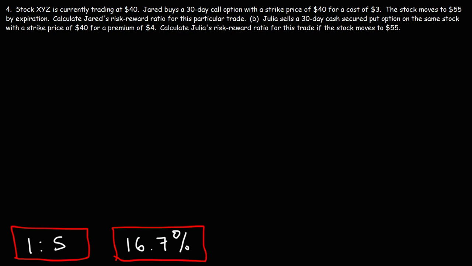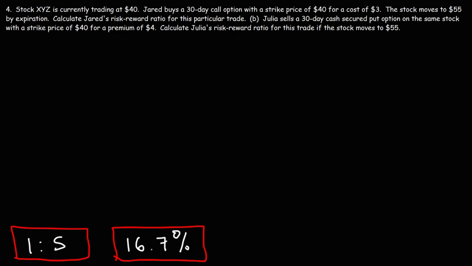Now, a put option gives the owner the right to sell their stock at a certain price, in this case at 40. So whoever buys the put option from Julia will have the right to sell 100 shares to Julia at $40, which means Julia is under obligation to buy the stock at 40 if the person who bought the option exercises that right.